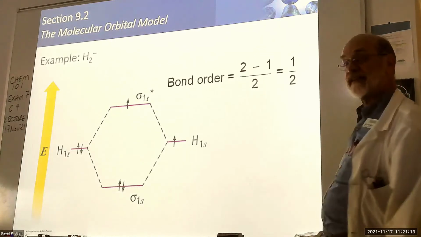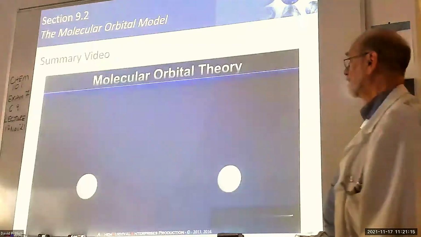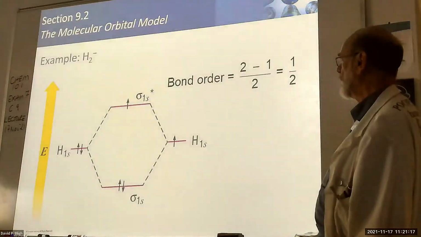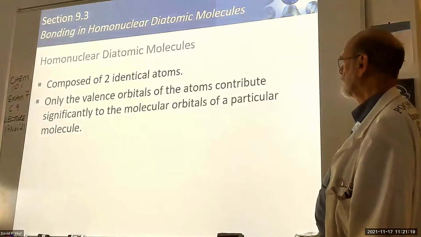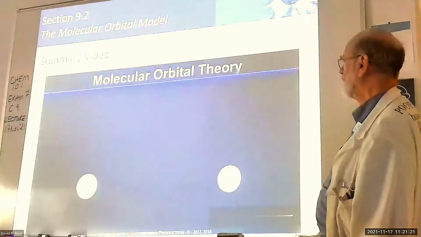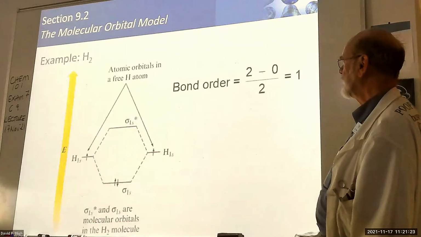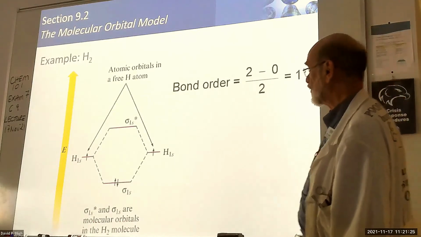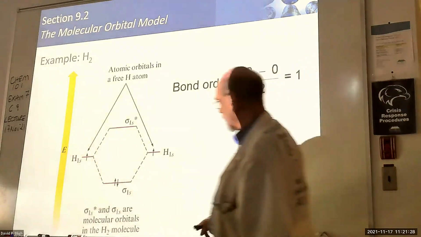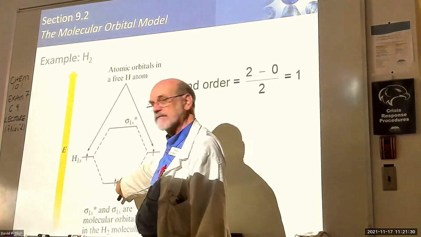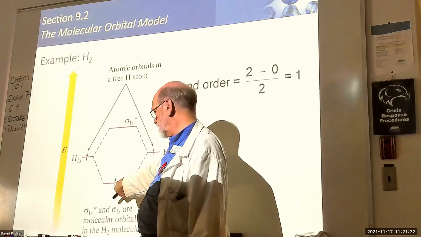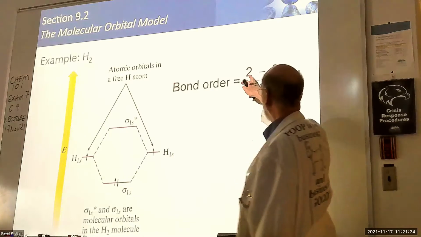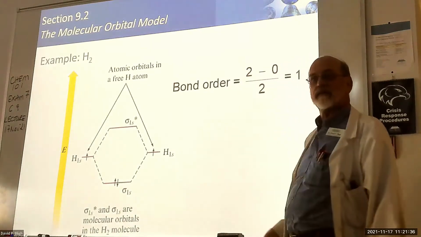What if we subtract an electron from that molecule? If we subtract an electron, now we only have 1 bonding electron. If it's an H2 plus, that means 1 minus 0 divided by 2 is 1/2.